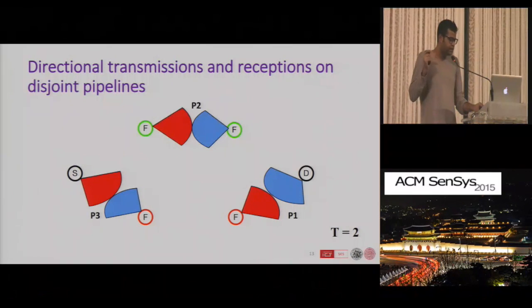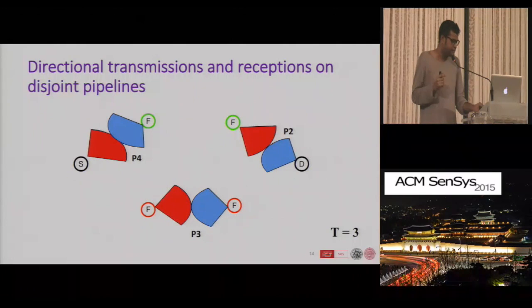And finally, the sink orients its antenna towards the red path and receives the packet, as well as there is a transmission that happens in the other disjoint path. All of these three transmissions happen at the same time on the same wireless channel using our protocol. And this is the next stage of the protocol, where the sink changes its antenna orientation towards the other path and receives the packet as well.